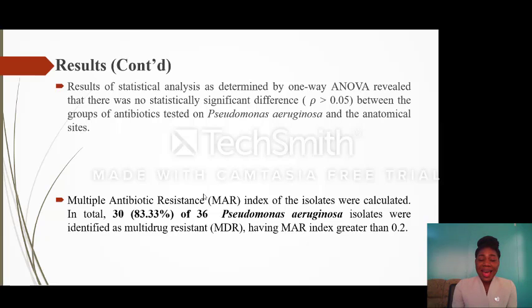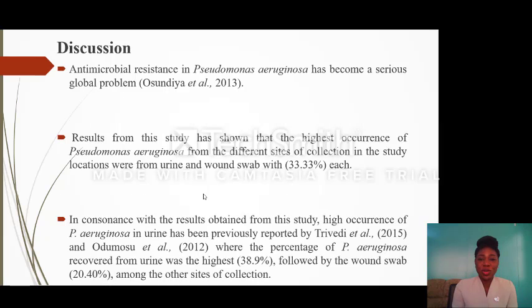Discussion. Antimicrobial resistance in Pseudomonas aeruginosa has obviously become a very serious global problem and a global threat. This is recorded by Adeosun et al., 2013. Results from the study show that the highest occurrence of Pseudomonas aeruginosa from the different sites of collection was from urine and wound swab, each of them having 33.33%.